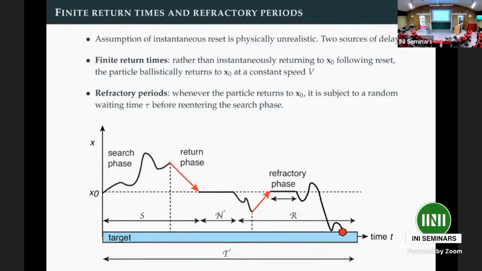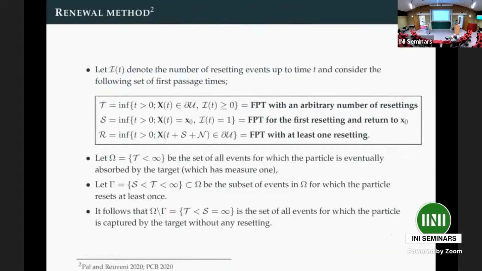Let N represent the refractory time that I spend at the reset point before I restart. But then I have no more constraints on R, so I can reset an arbitrary number of times and get stuck before I find the target. I've just shown one and one here, but this could happen 20 times. It doesn't matter, that's all lumped into R. So what I'm going to do is now use a renewal argument to calculate these effects. I think it's a really powerful method.